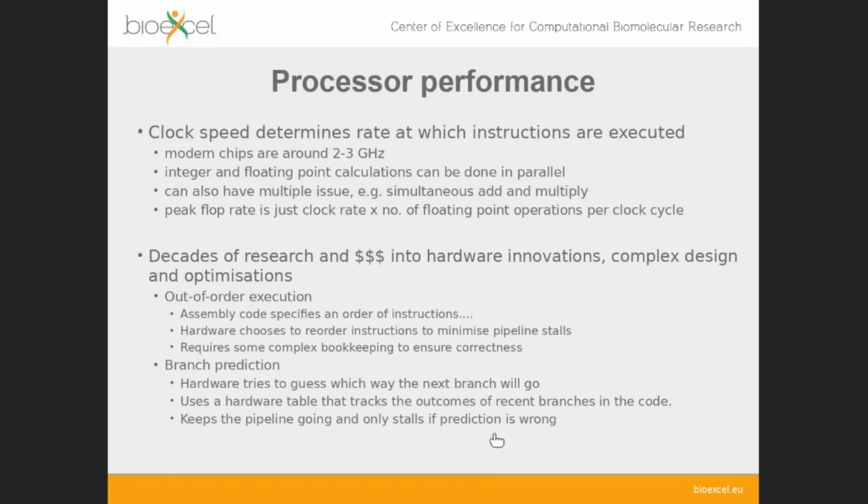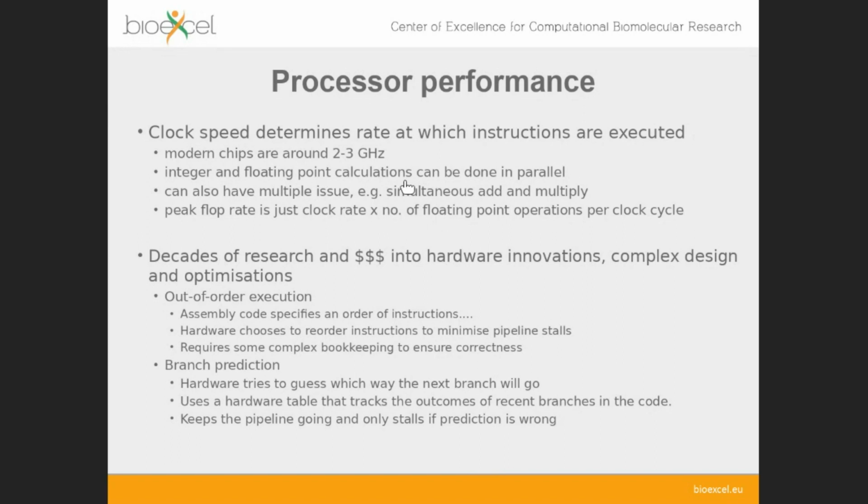So the clock speed essentially stopped increasing. They hardly increased any further. Currently they're around 2 to 3 gigahertz. Clock speed is a key aspect of processor performance, but as we'll see, there are other aspects that determine processor performance.